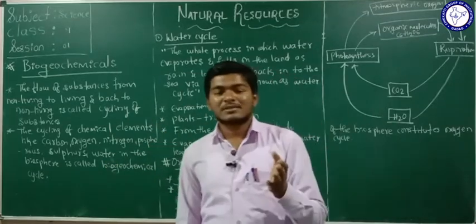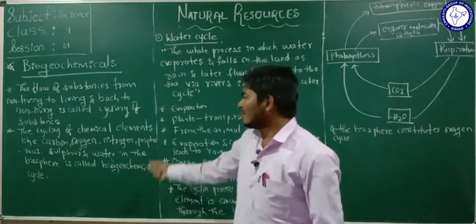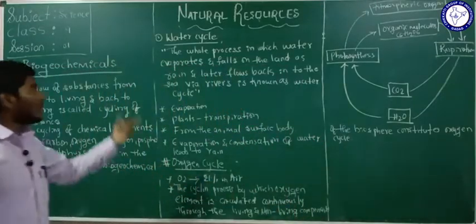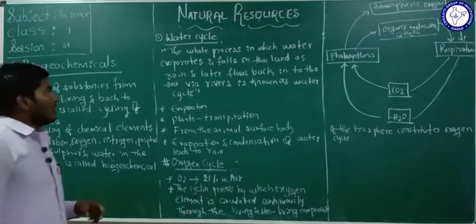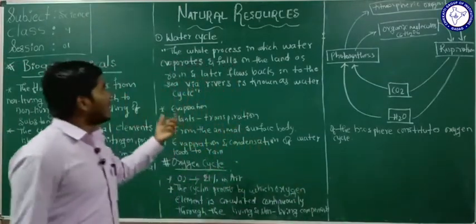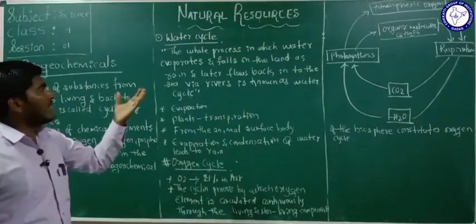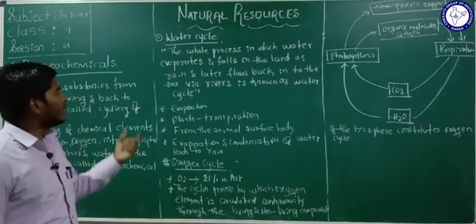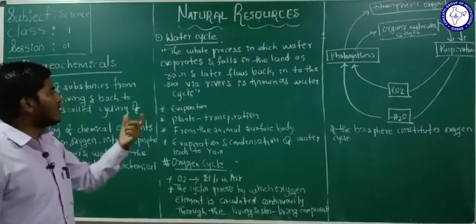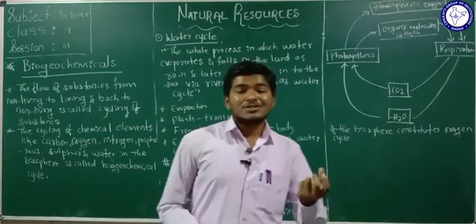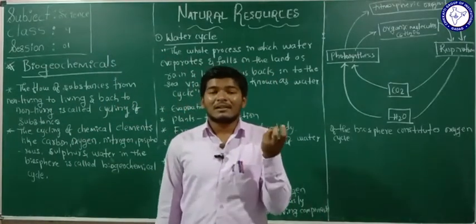Under the biogeochemical cycle we studied some chemical cycles. First I am taking the water cycle. The whole process in which water evaporates and falls on the land as rain and later flows back into the sea via rivers is known as the water cycle. You already know about the evaporation and condensation of water, isn't it?